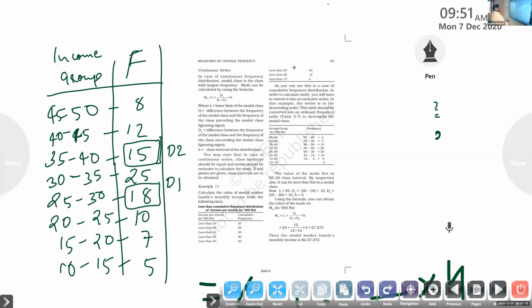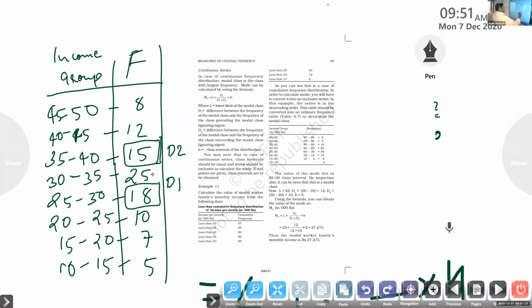What is the model class here? Anyone? 30 to 35, only. The maximum frequency is 25 here. So 30 to 35 is the model class.